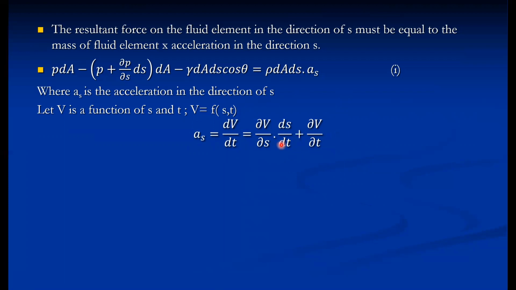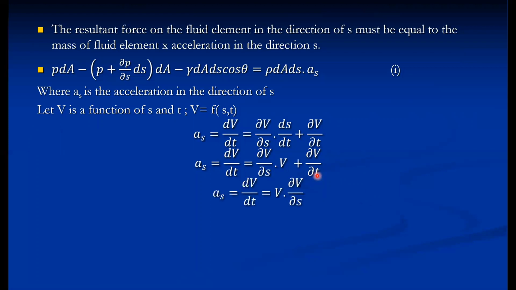So ds/dt is the velocity, and we get ∂v/∂s into v plus ∂v/∂t. Now in this case, under steady state condition, ∂v/∂t, the local acceleration, is 0, but convective acceleration is still there, that is v into ∂v/∂s.